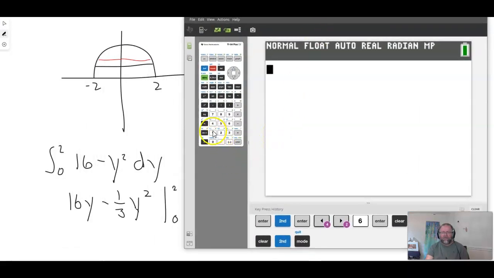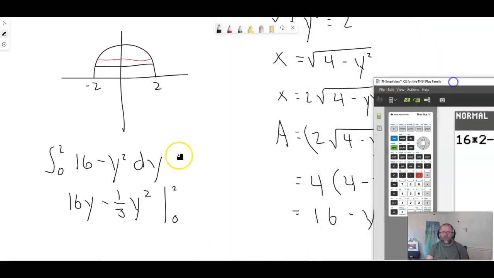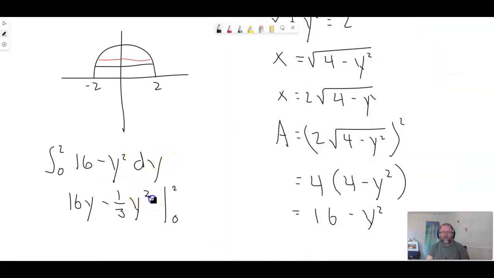So I'm going to do 16 times y, which is 2, minus 1/3 times, oh, I'm sorry, this is a 3, isn't it? Yes, because y cubed over 3.